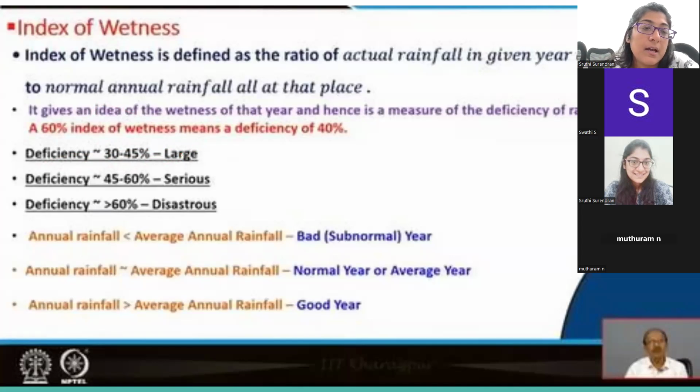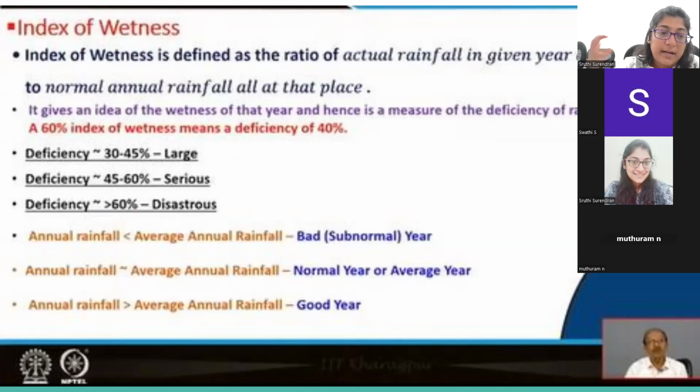And if it is 45 to 60% deficient, I'm not talking about the index of wetness. When you get the index of wetness as 60%, it means 40% deficiency. So if the deficiency is around 45 to 60%, we say that it is a serious deficiency, and more than 60% is a disastrous state that is associated with droughts and everything.